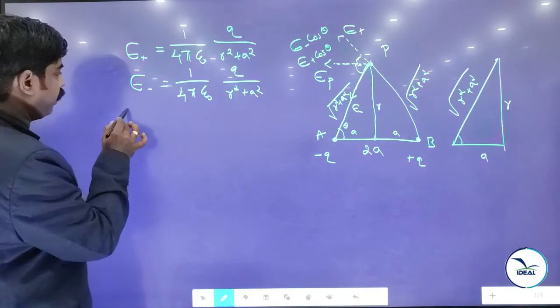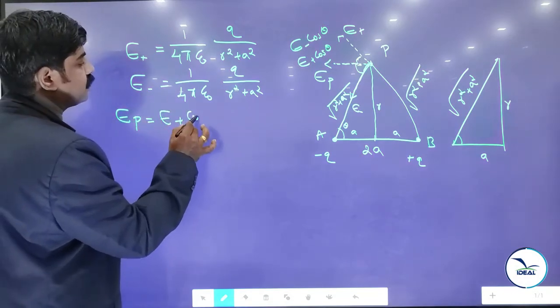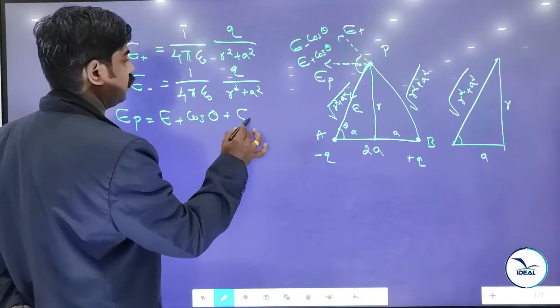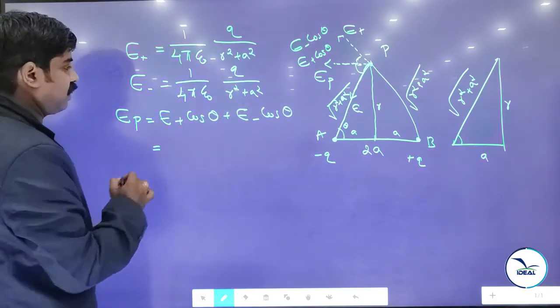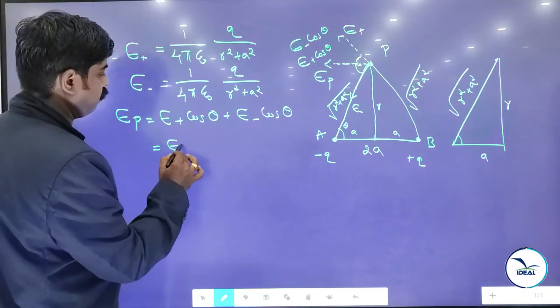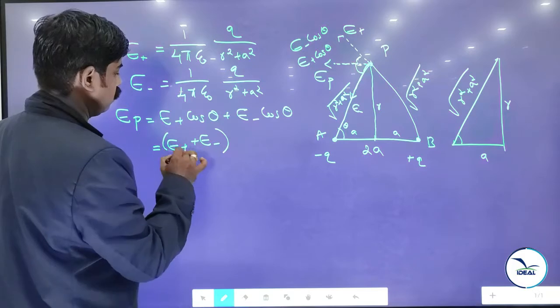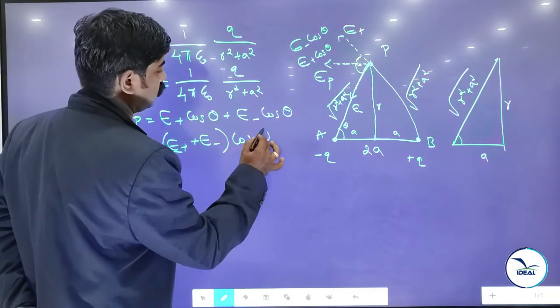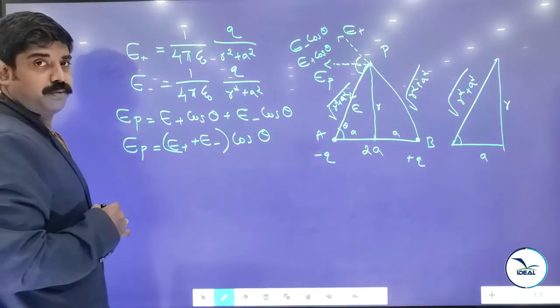So EP should be E plus cos theta plus E minus cos theta. So we can write it as E plus E minus cos theta. That is the total electric field.